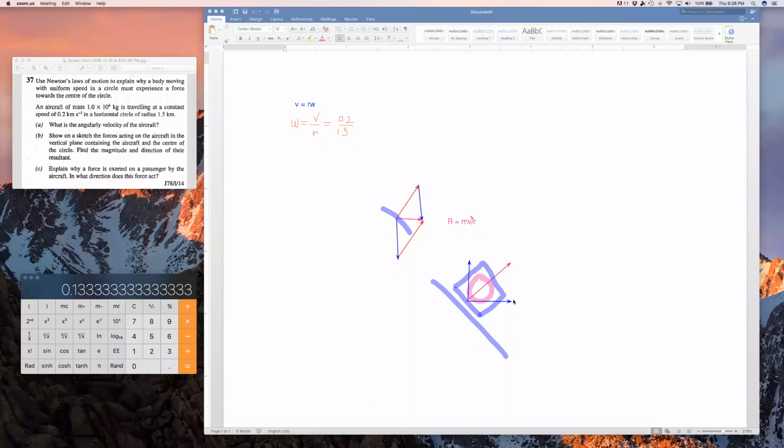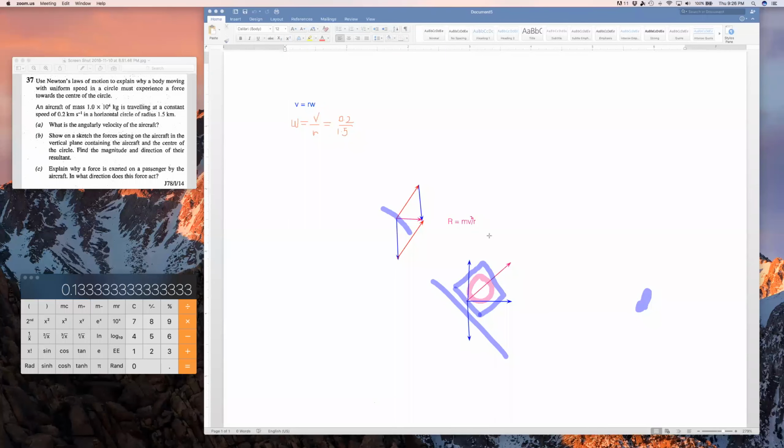The horizontal component of that reaction force on the passenger is the centripetal force, because the center of the circle is down here. The center of the circle is somewhere here, right? And the vertical component is going to be equal to the weight. The weight of the passenger will in fact be acting down. Change color. Something different. The weight will be acting down, like so.